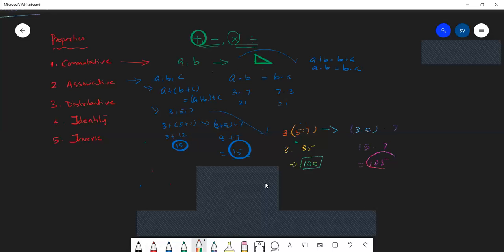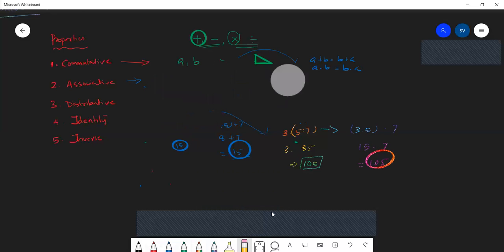So what does it mean? That means associative property also explains the order is not a matter for addition and multiplication. So those are very important rules that you can use in your real number study.